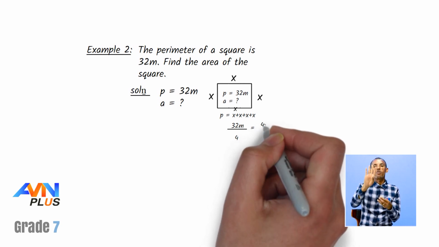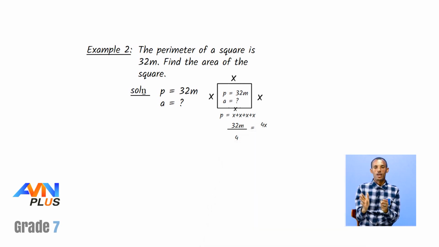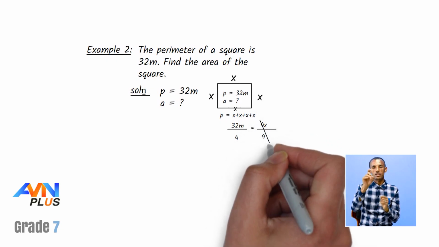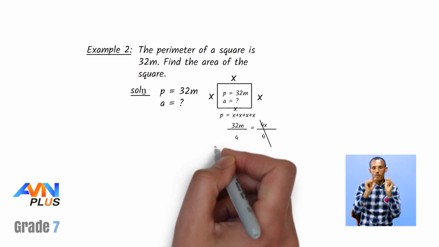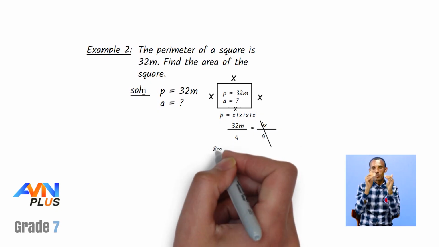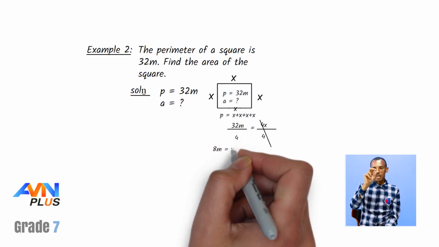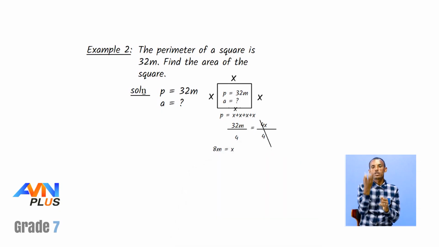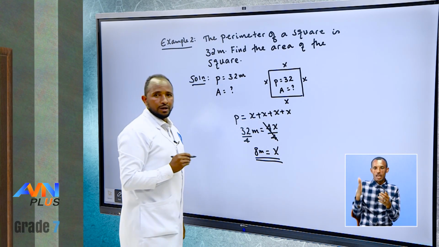So to find the side of the square, divide both sides by 4, and this cancels out. So x is equal to 32 divided by 4, which is 8 meter. So this will be the side length of the square.